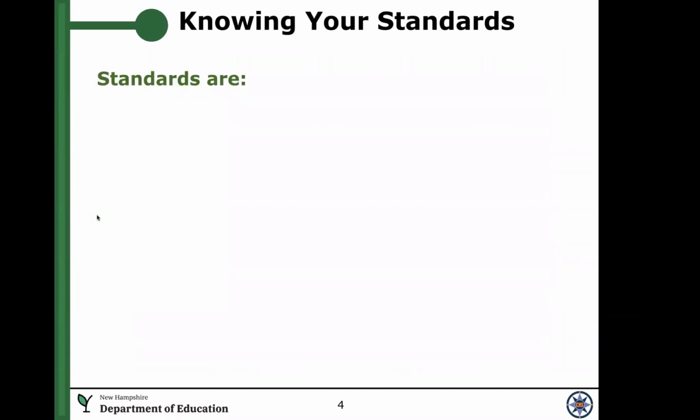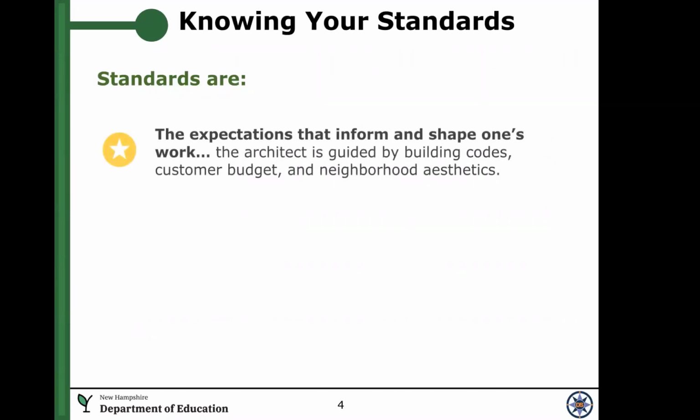So just to get us started, knowing your standards. So this is what standards are, right? They're the expectations that inform and shape one's work. They're basically the whole guide of what we are building on and making sure that we are teaching within our classrooms, right?